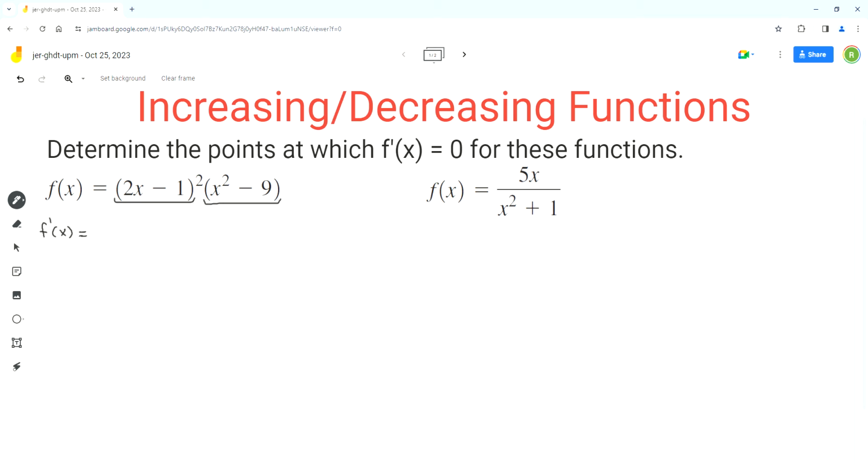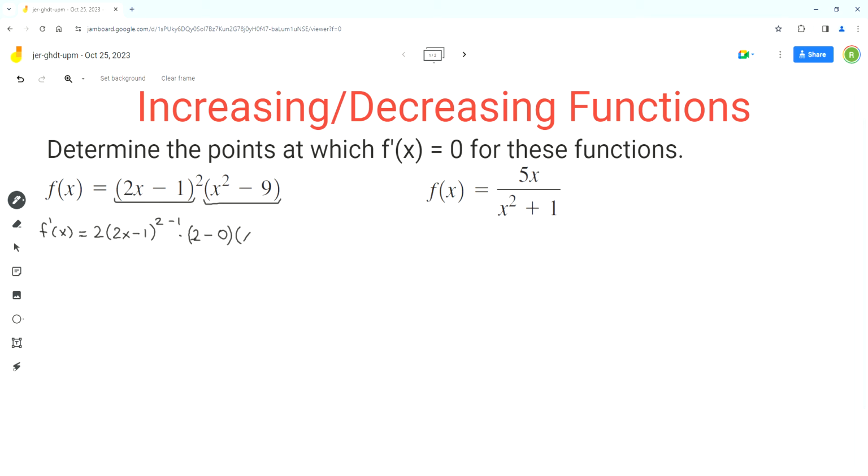We'll move the 2 to the front and subtract 1 from the exponent, times the derivative of the inner function, and the inner function is 2x minus 1. So the derivative of 2x is just 2 and the derivative of 1 is 0 because 1 is a constant.